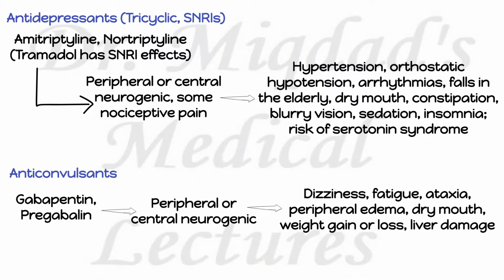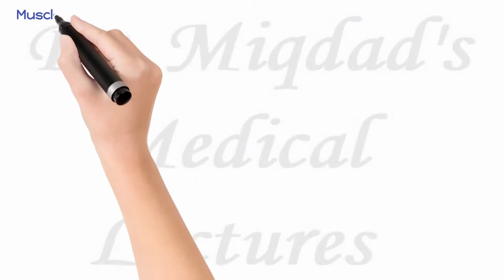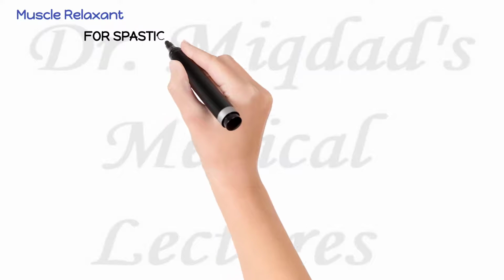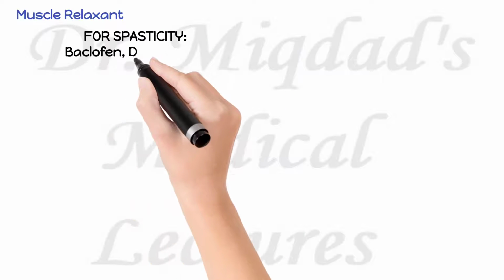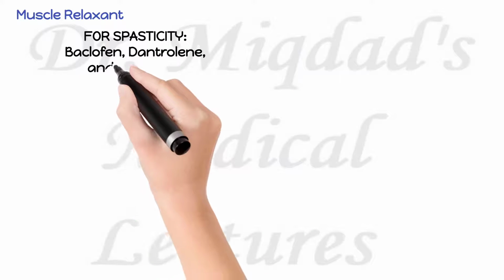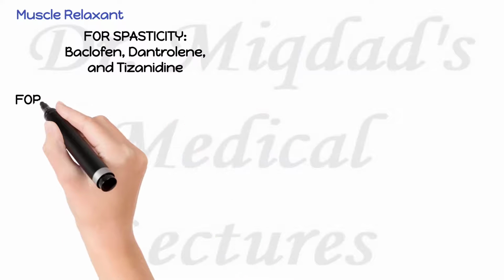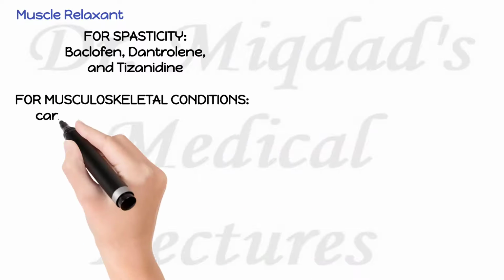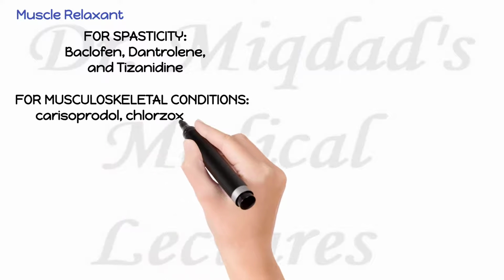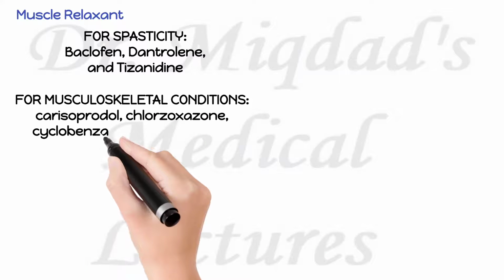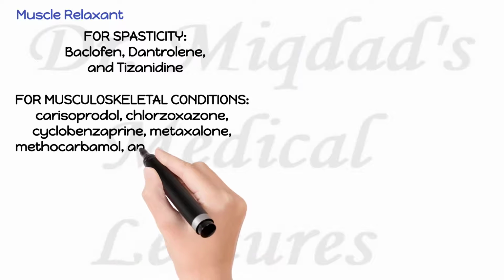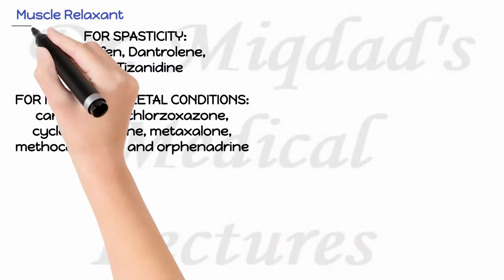Then the next class of medicine is muscle relaxants. In case of spasticity, the suitable drugs are baclofen, dantrolene and tizanidine. Whereas in case of musculoskeletal conditions, the suitable drugs are carisoprodol, chlorzoxazone, cyclobenzaprine, metaxalone, methocarbamol and orphenadrine.